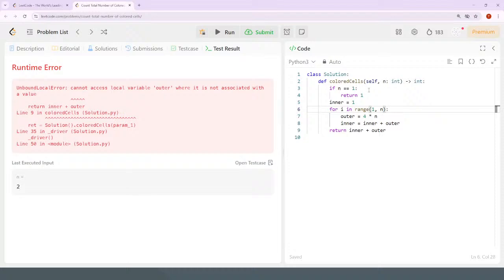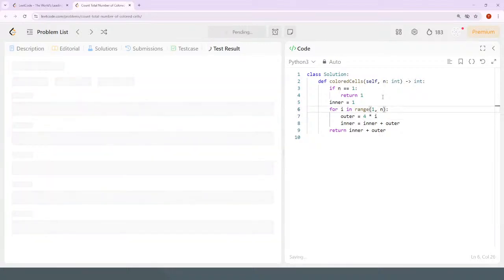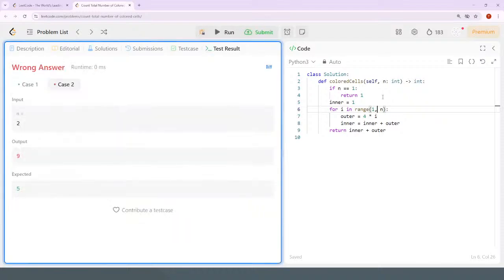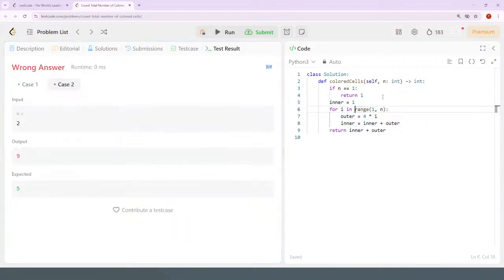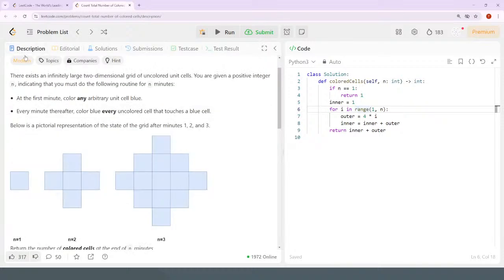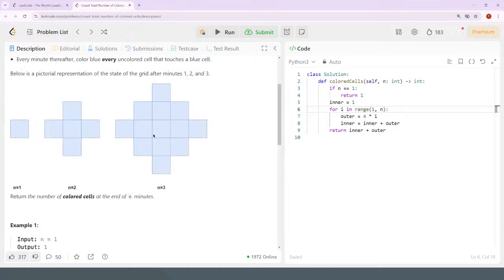If n is equal to I starts with 1. What the hell am I doing here? 4 times I. And is 9 even a correct answer for anything? So inner.